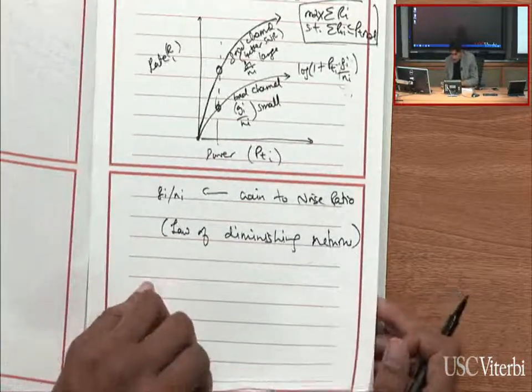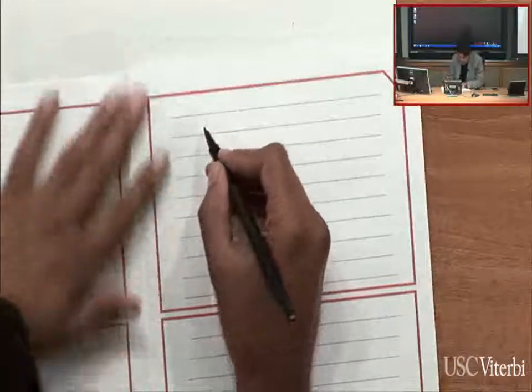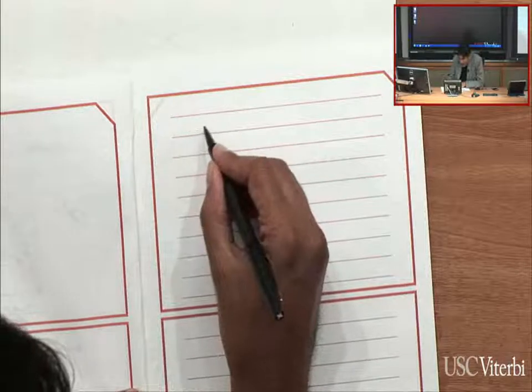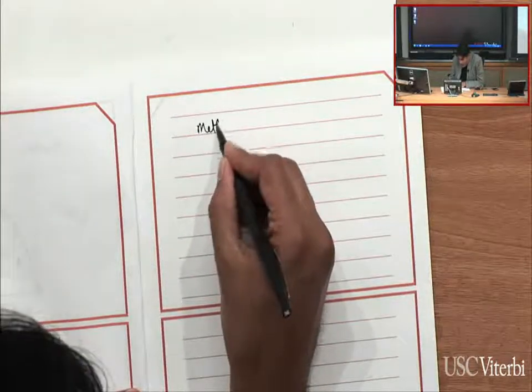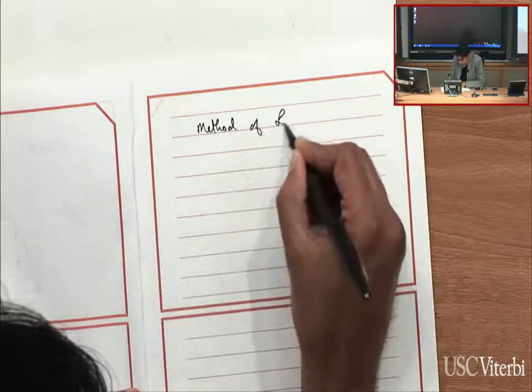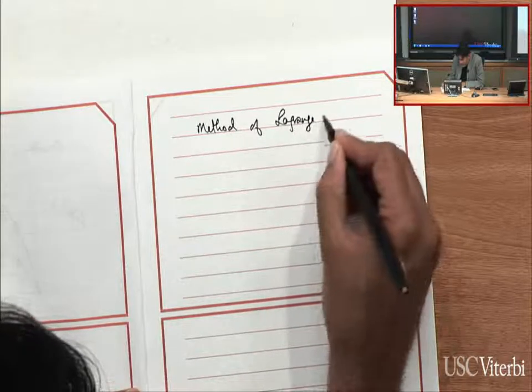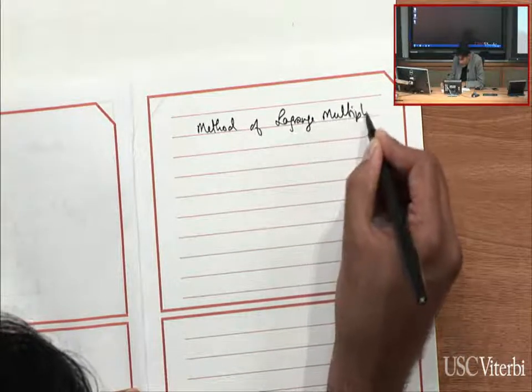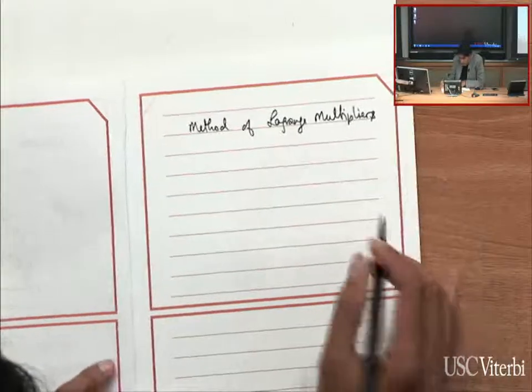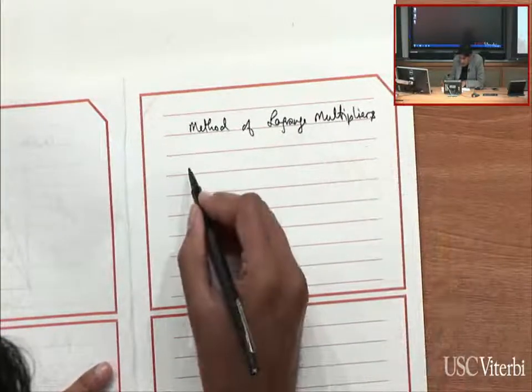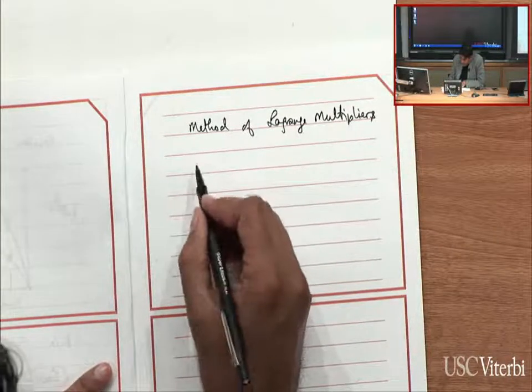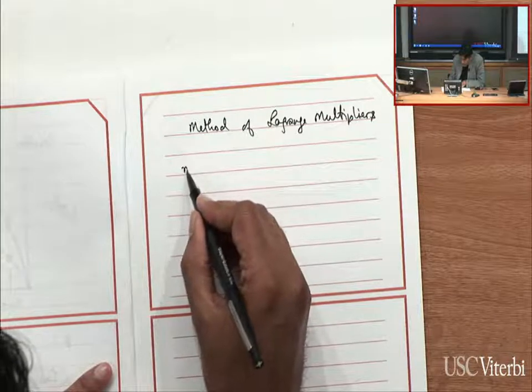In optimization theory, solving these types of problems with inequality constraints, you use a technique known as the method of Lagrange multipliers. Let's write that one more time.